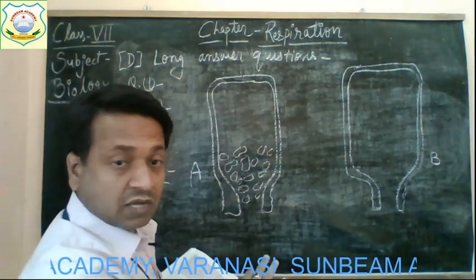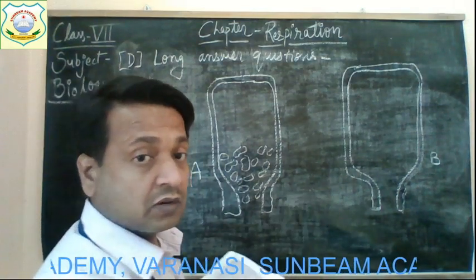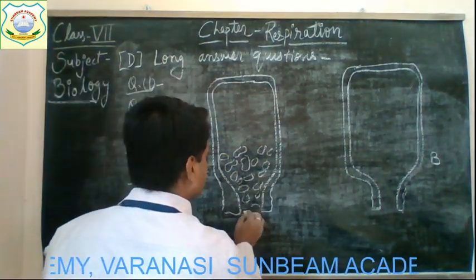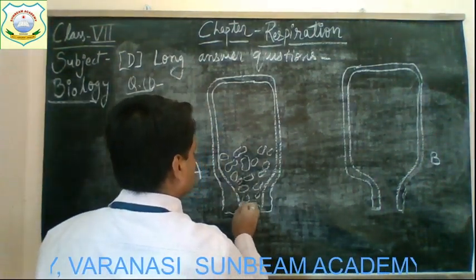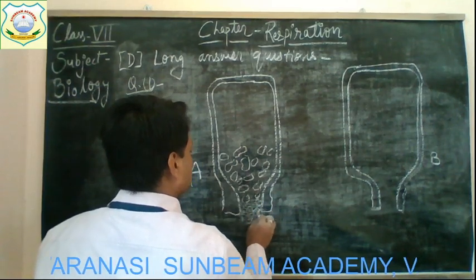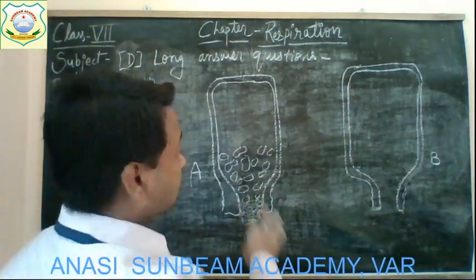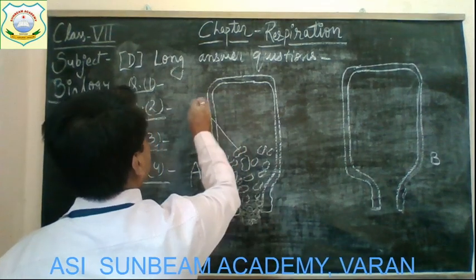And at the mouth of the flask, we will put some moist cotton. So these are the germinating seeds.